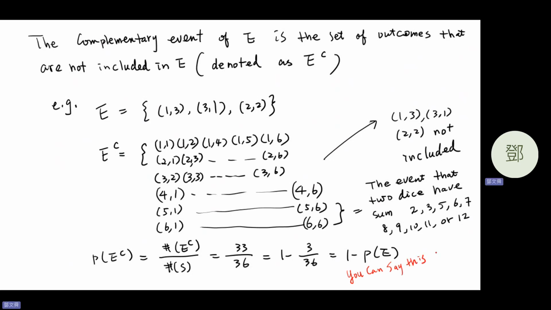You can call this rule 5: P(E complement) equals 1 minus P(E).